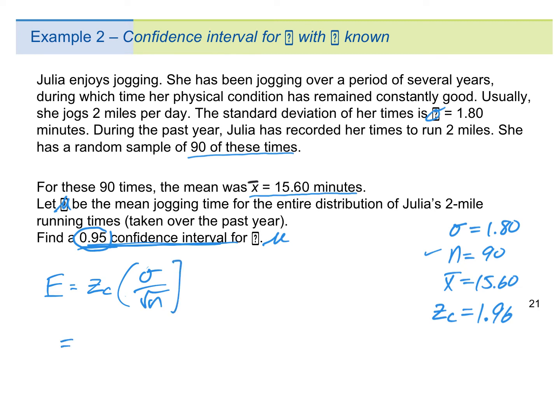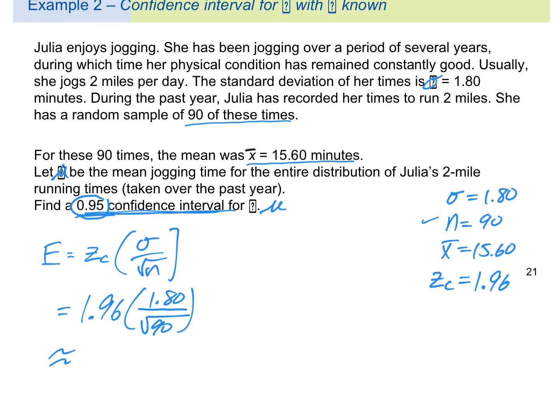So our z sub c is 1.96, our sigma is 1.80, and our n is 90. We're going to plug all this into our calculator, and we're going to go to 2 decimal places. Plugging it in, we get 0.371, so 0.37.